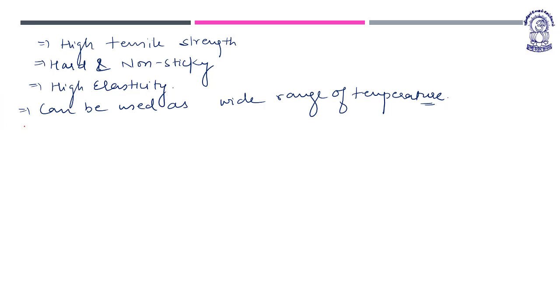So, vulcanized rubber depends upon the percentage incorporation of sulfur added. The strength of vulcanized rubber can be determined.